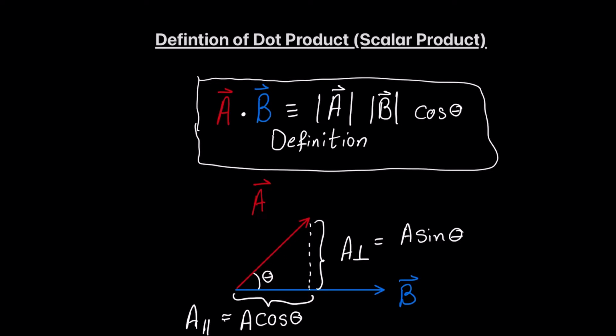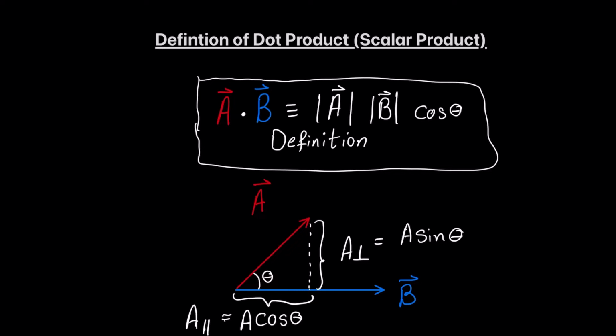In the figure, you see vector A in red and vector B in blue, and there is an angle between them, theta. To find the dot product between vector A and vector B, we need to place them at the same origin, as if we were to add them using the parallelogram technique.